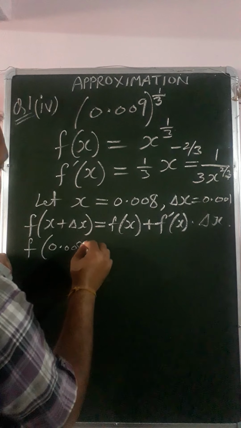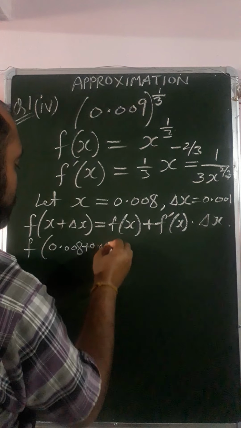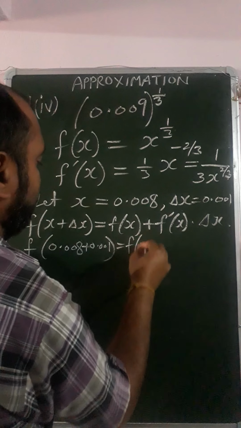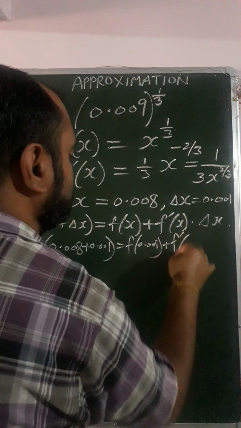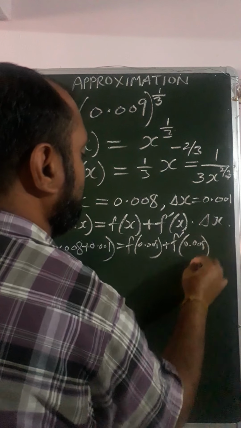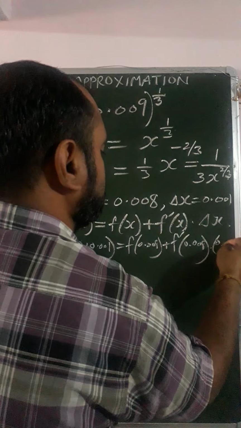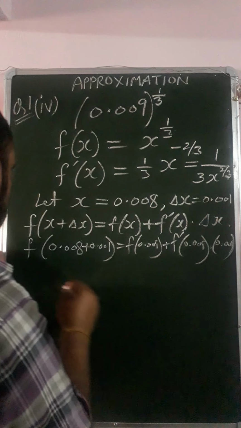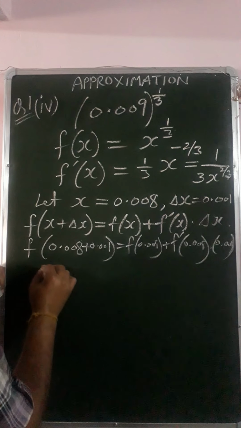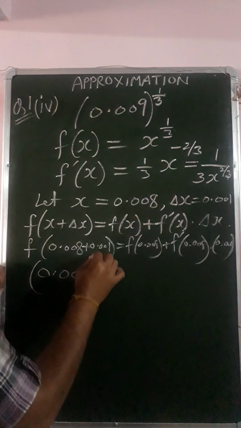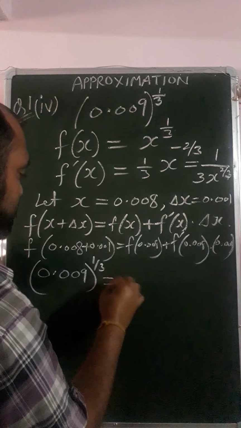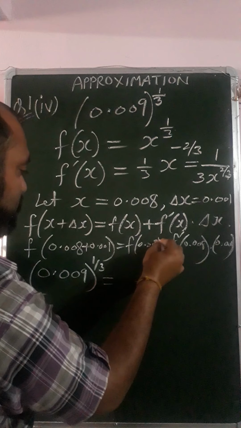0.008 plus 0.001, this is equal to f of 0.008. This is f dash 0.008, and this is 0.001, right? Now this becomes 0.009 raised to the power 1 by 3, and this is 0.008.